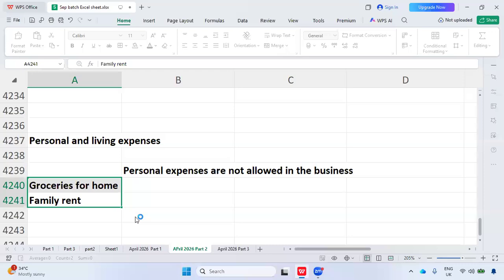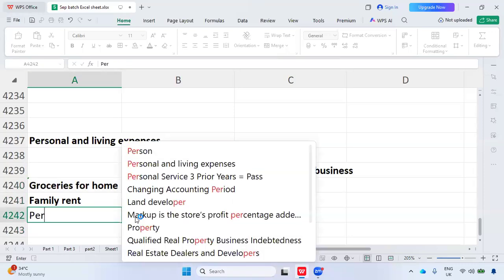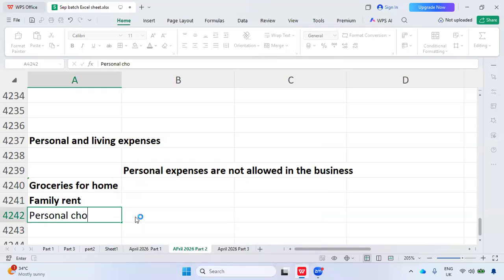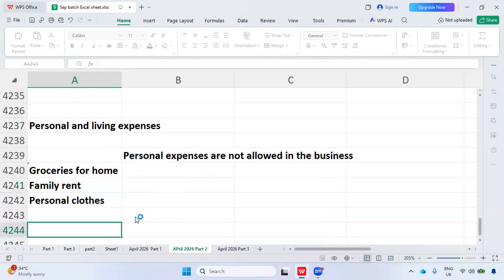Can we claim? Obviously, no. Our personal clothes. Can we claim these expenses in the business? No, because these are personal expenses, we cannot claim. So personal and living expenses are not allowed in the business.